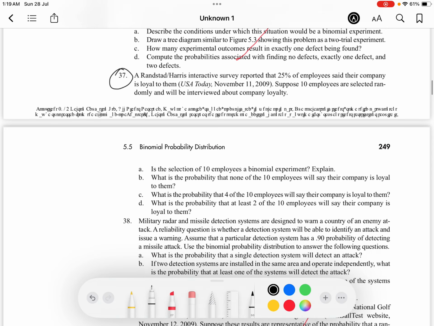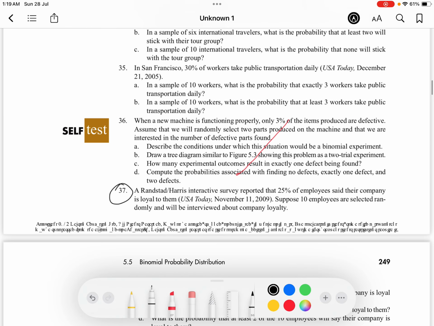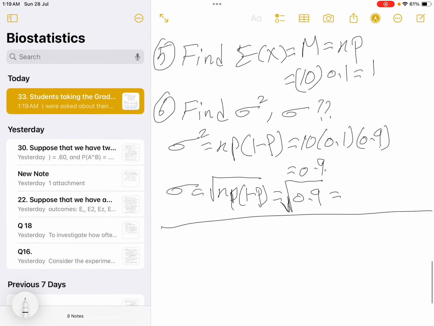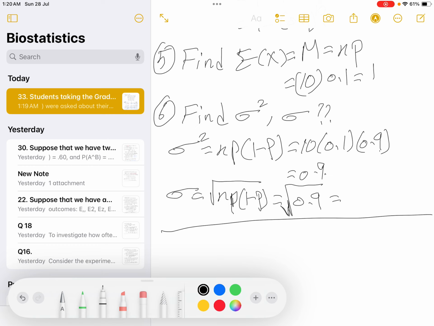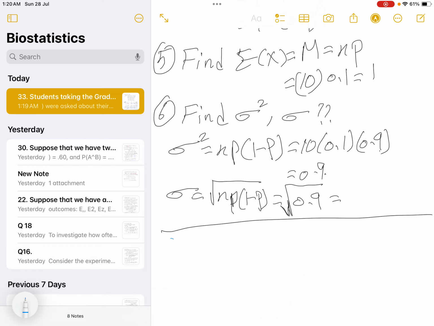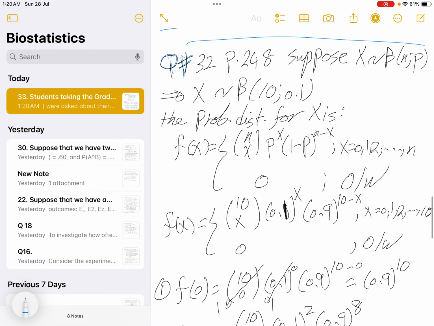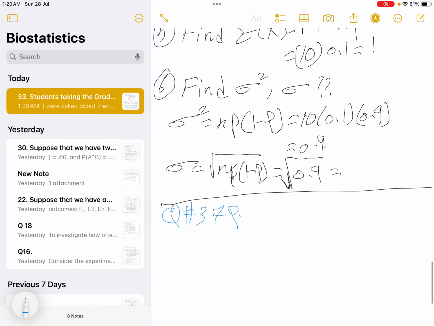Question number 37 is on the same page, page 248. I will take the data from the question.